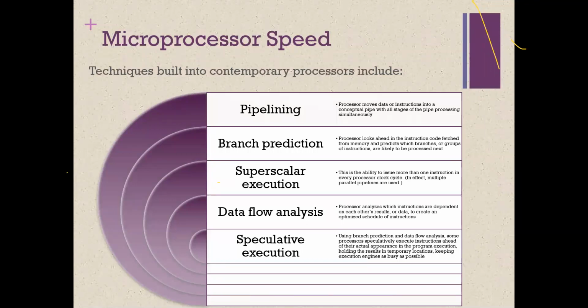So in this particular case, the processor would overlap some of the operations by moving data or instructions into a conceptual pipe with all stages of the pipe processing simultaneously. So for example, while one instruction is being executed, the processor would be decoding the next instruction. And this is the same principle as seen in the assembly line.